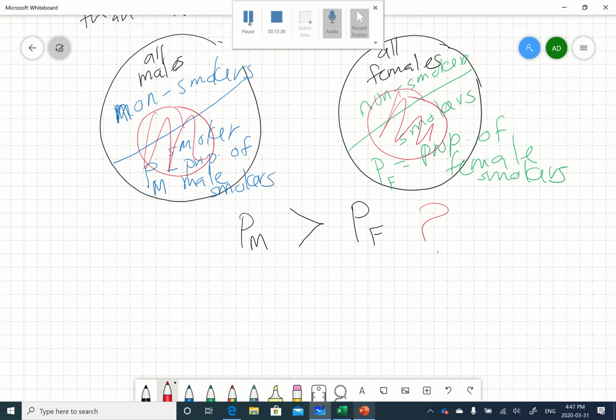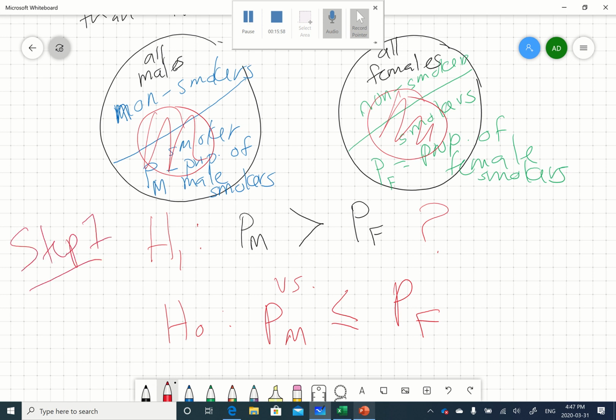Okay, so this looks like an alternative, with the greater than sign. So then we are testing this versus the null, which should be less than or equal to the proportion of female smokers. So that's step 1 for the two-sample proportion test.